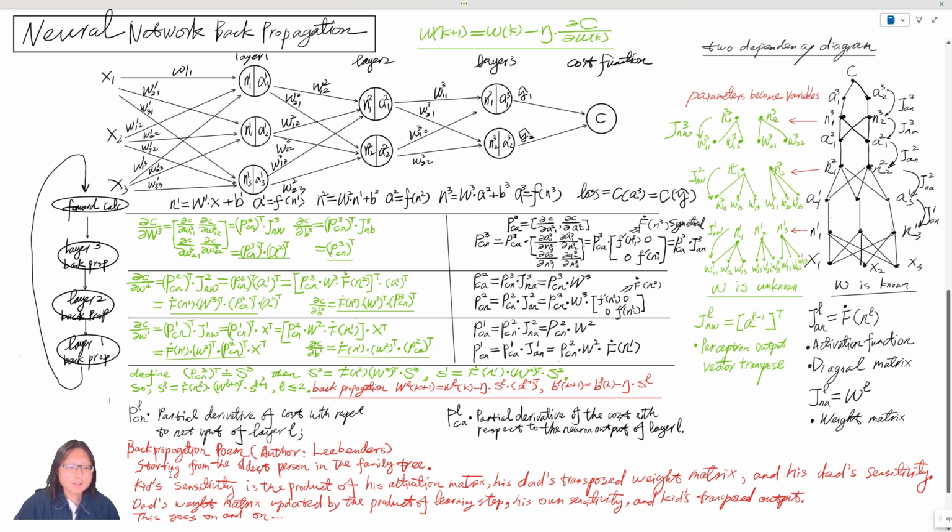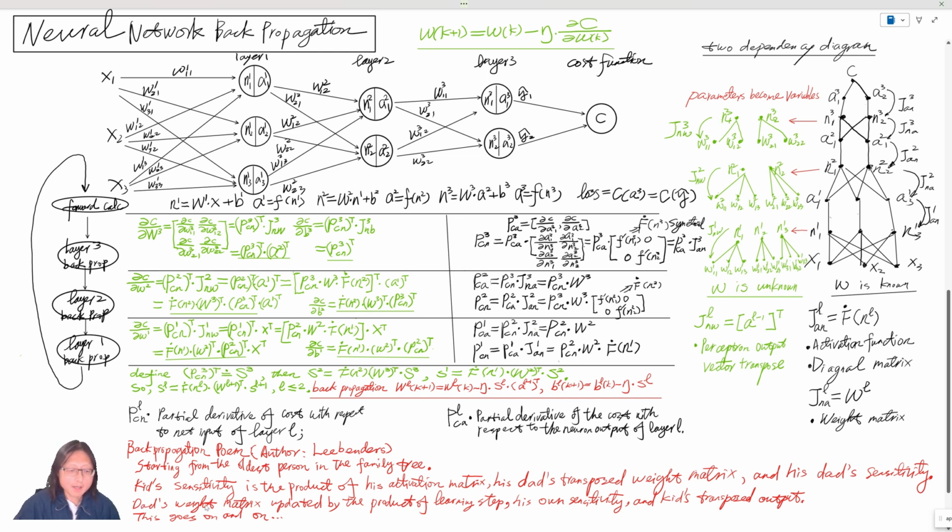It starts from the oldest person in the family tree, which is basically this guy. The kid's sensitivity is a product of his activation matrix here, his dad's transposed weight matrix here, and his dad's sensitivity. That's it.